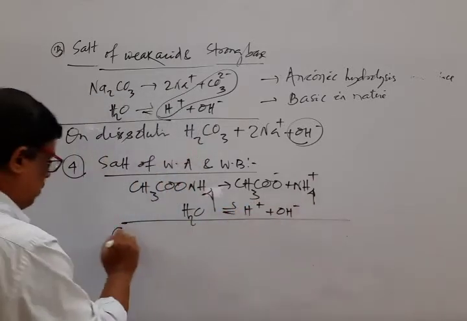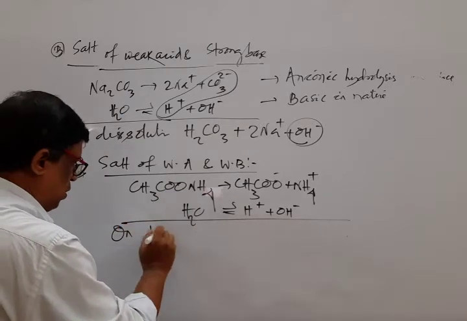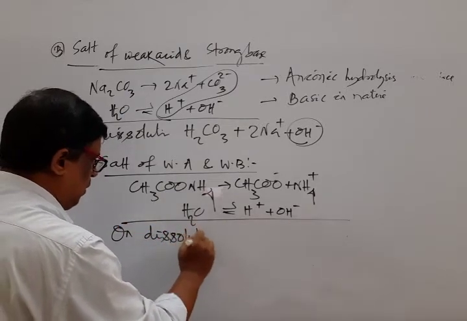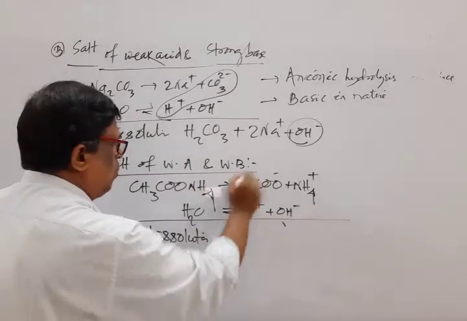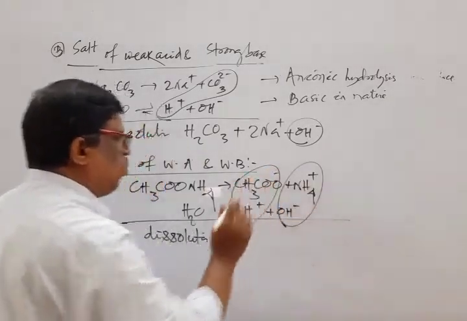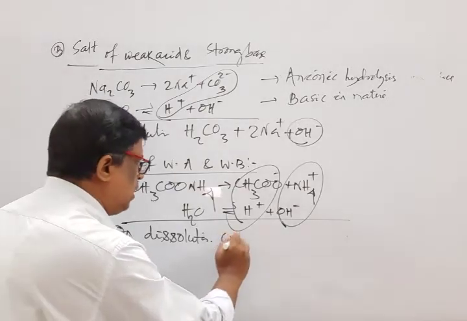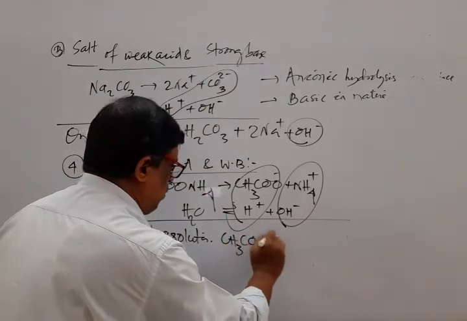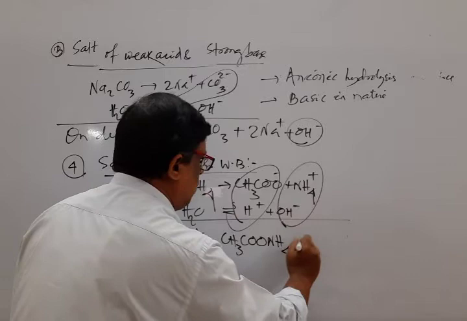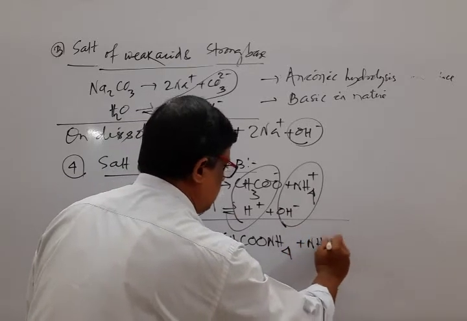So here on dissolution, what we observe? Both cation and anion combine as they form weak electrolytes, that is CH3COOH and NH4OH.